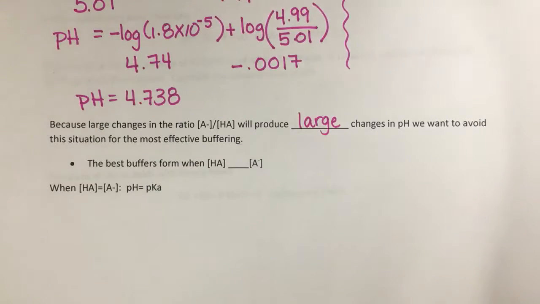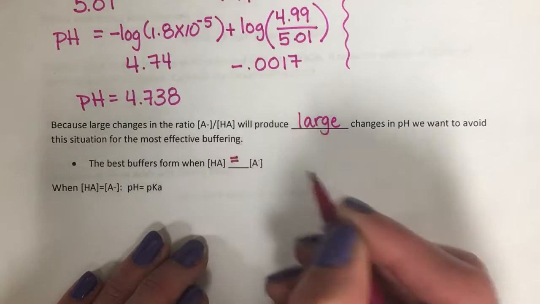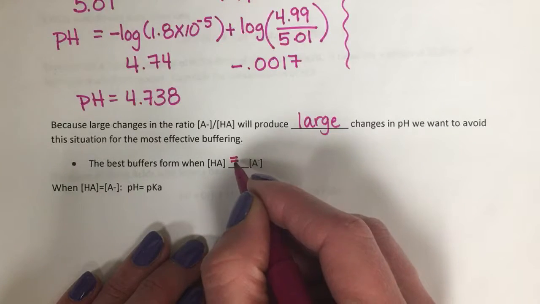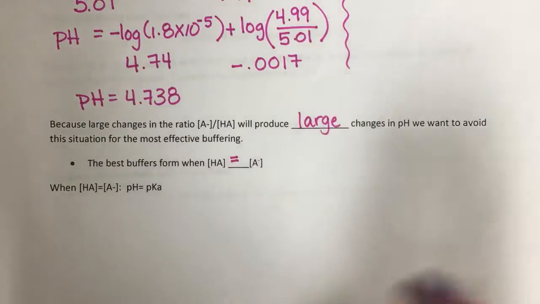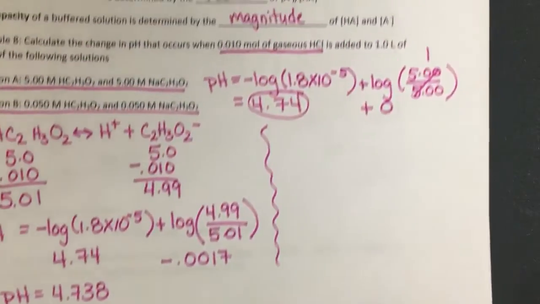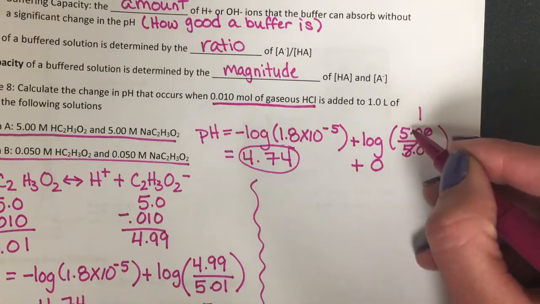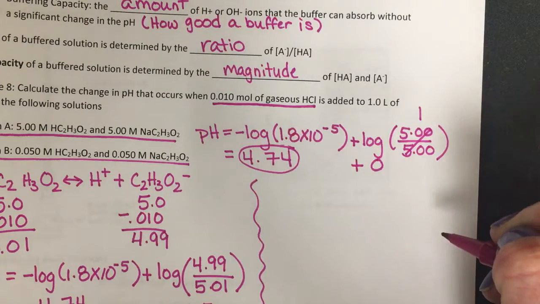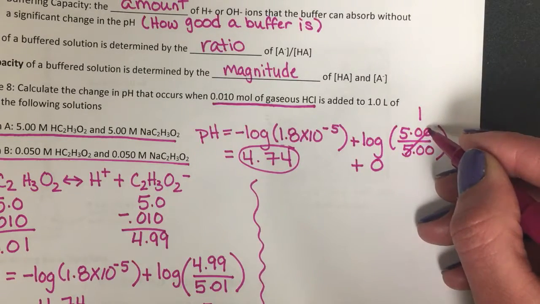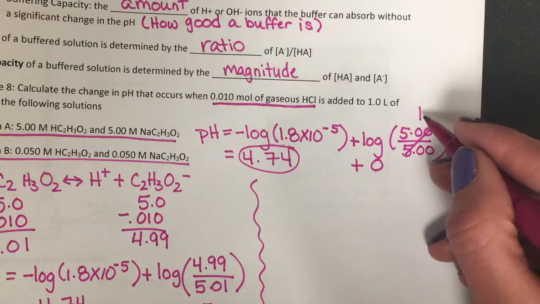Now, our best buffers are going to be when our HA, or our acid, is equal to our base. Now, the reason is, when we looked at that last equation, when we have the concentration of our base the same as our concentration of our acid, those are going to be canceling each other out to form a 1.